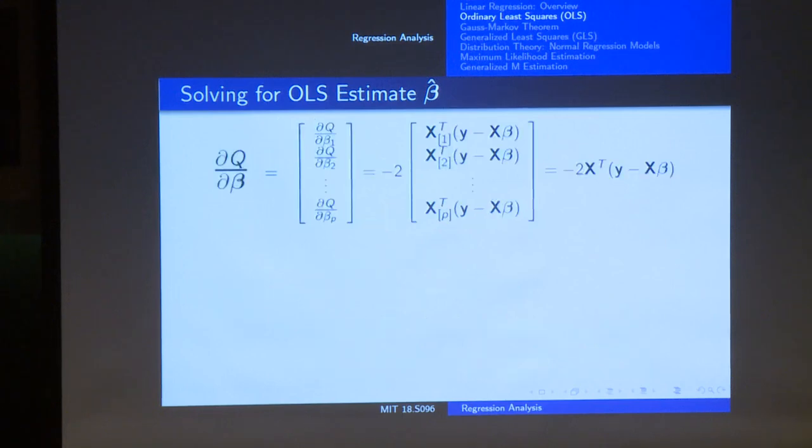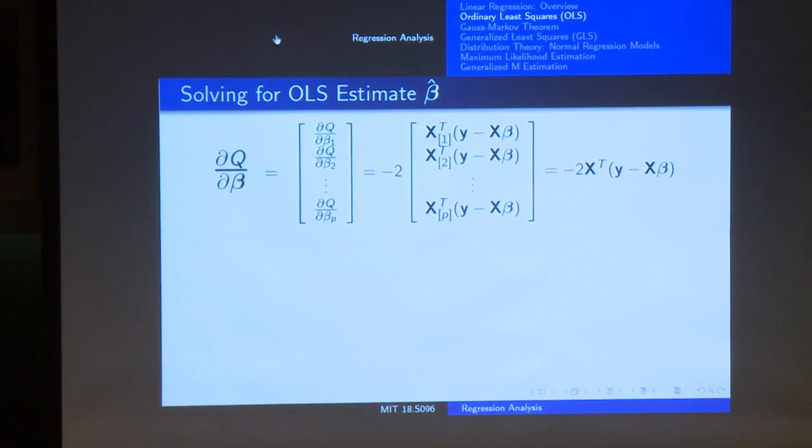Now, if we put that all together, we can define the derivative of Q with respect to the different regression parameters as minus twice the jth columns stacked times (y minus X beta), which is simply minus 2 X transpose (y minus X beta).